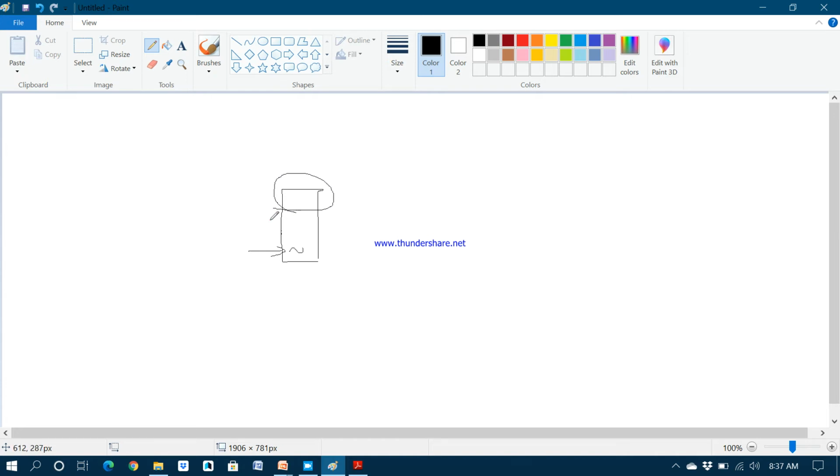Like this, a magnetic field is produced, and in the reverse section an electric field is also produced. So that is the E plane and H plane. Practically, I will explain right now.